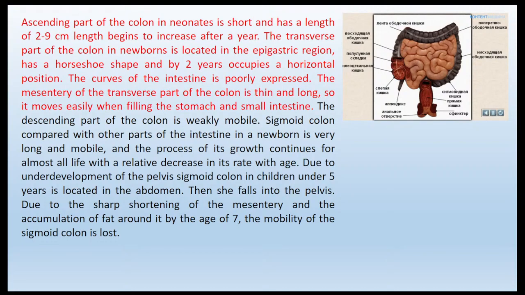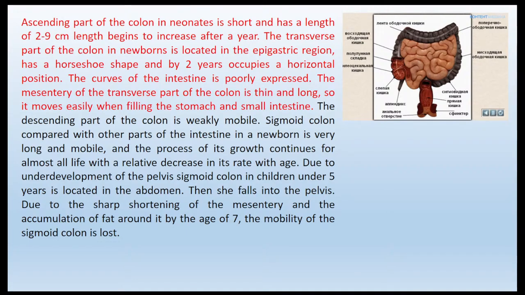The sigmoid colon, compared with other parts of the intestine in newborns, is very long and mobile, and the process of its growth continues almost all of life with a relative decrease in its rate with age. Due to underdevelopment of the pelvis, the sigmoid colon in children under 5 years is located in the abdomen.